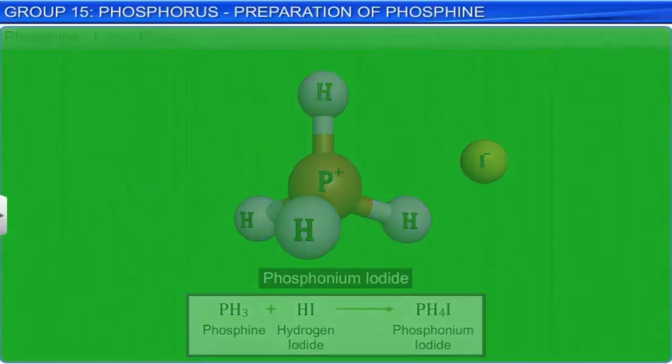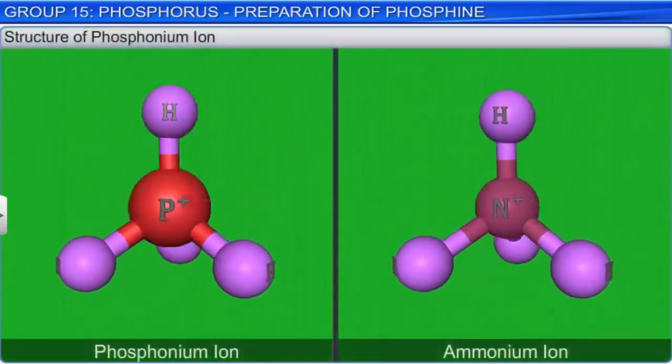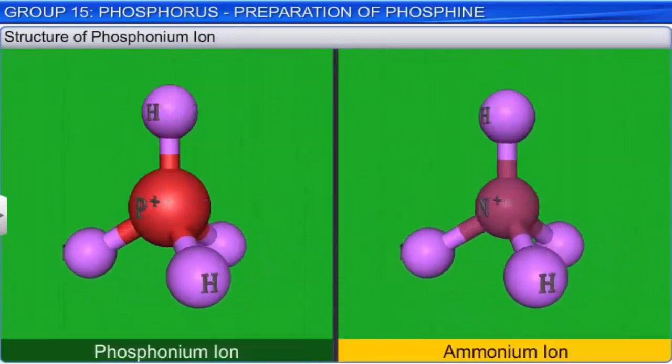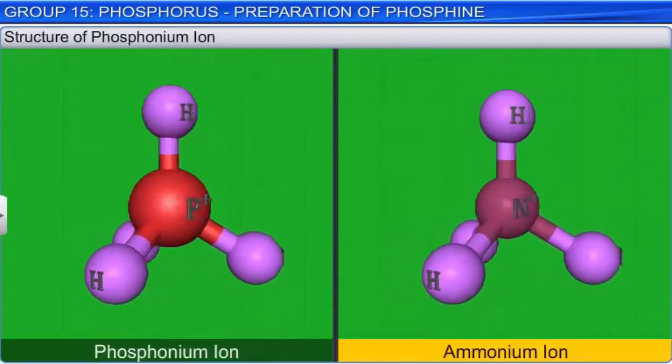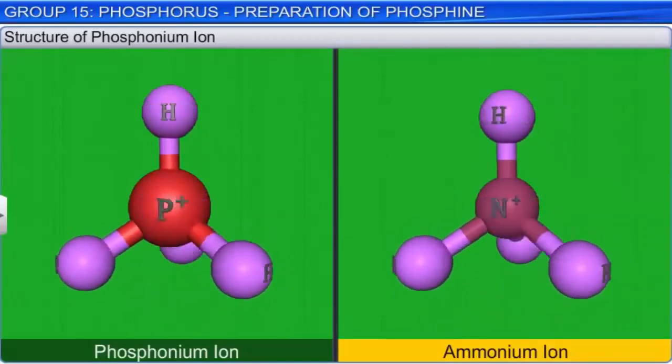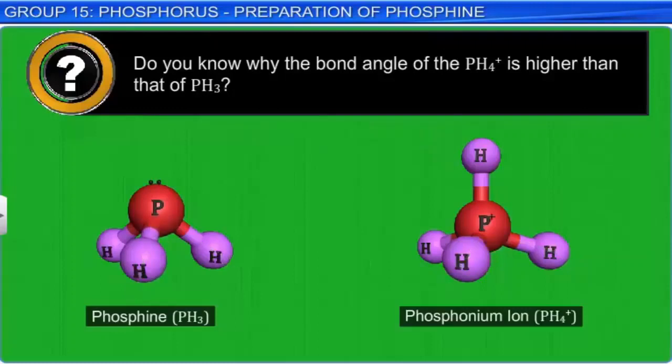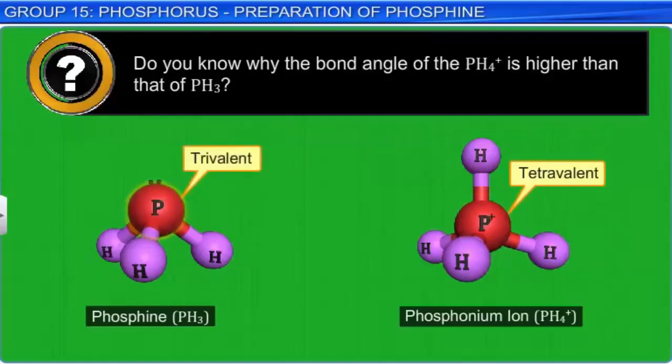Talking about phosphonium salts, the phosphonium ion has a structure similar to the ammonium ion as shown here. Do you know why the bond angle of phosphonium ion is higher than that of phosphine? Try to answer this question on your own before looking at the answer. The central phosphorus atom is tetravalent in phosphonium ion and trivalent in phosphine.